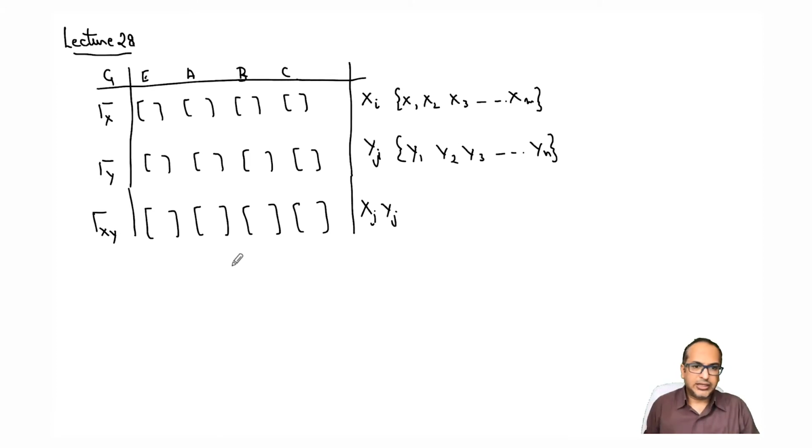Now in this case I can always write that R, when it is operated on x_i y_j, gives a summation. What we got was x_j and y_l, right?